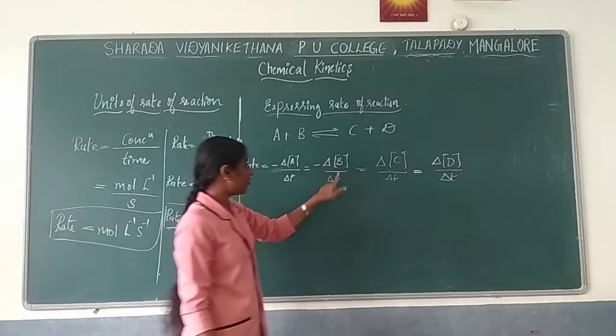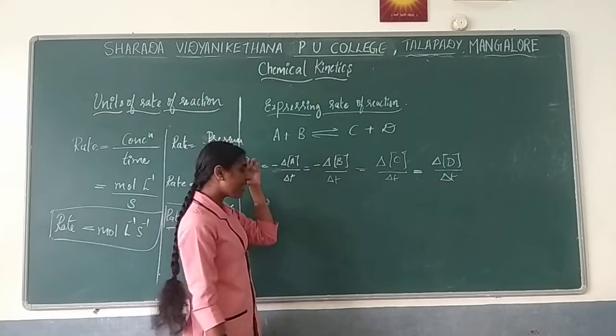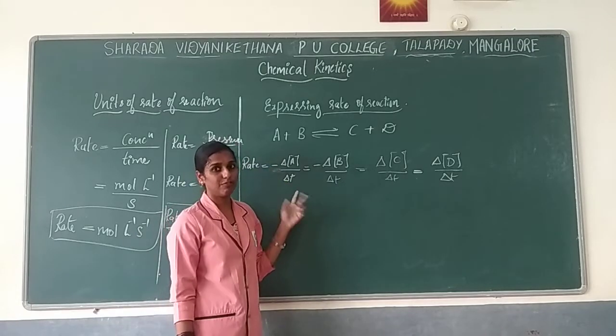You can write in terms of d also. If they do not mention whether it is average or instantaneous, you can write in terms of delta, or you can write in terms of d also.